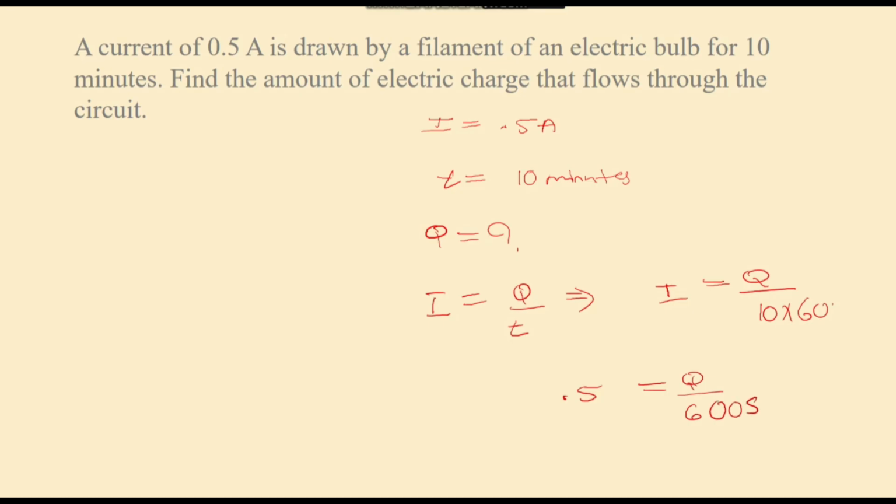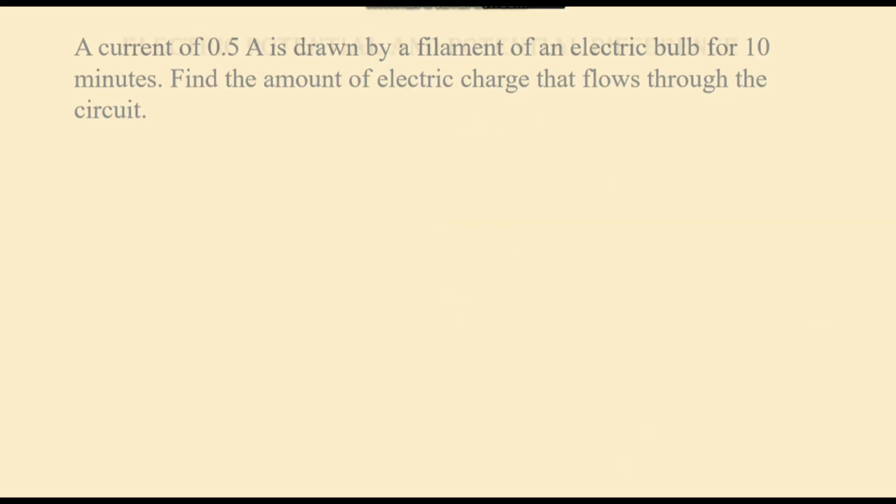By cross multiplication, 0.5 into 600 is equal to Q, that is 300 coulomb is the answer.